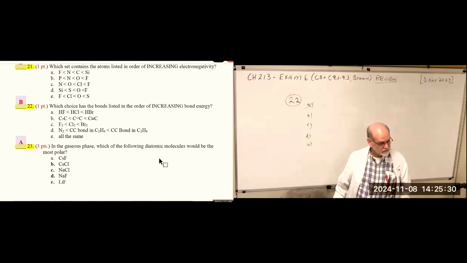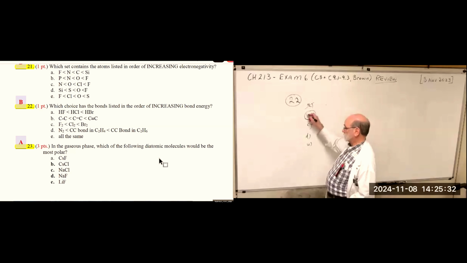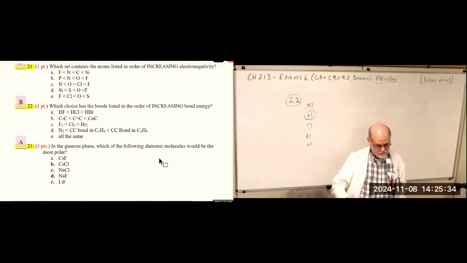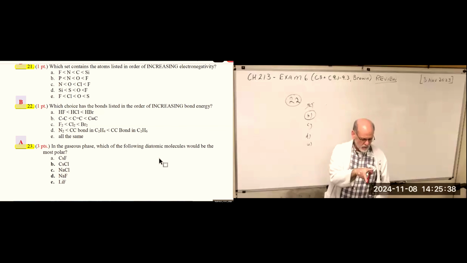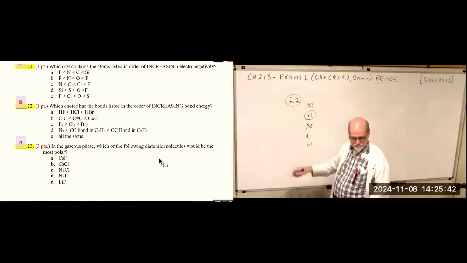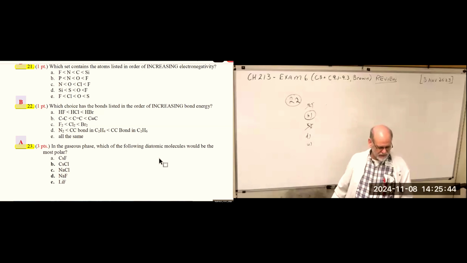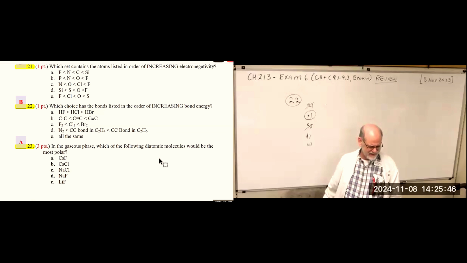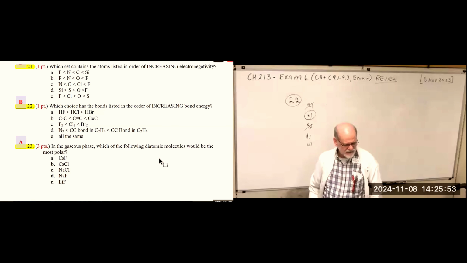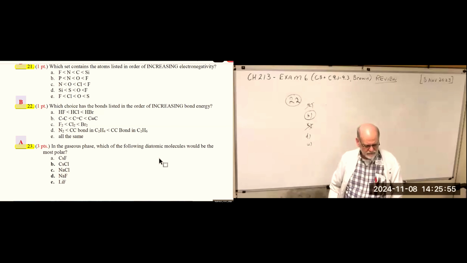Single, double, triple bond. That's a good one. Right. Increasing order. We've already talked about C. The chlorine and the fluorine are out of order. So it can't be C. And then D. The carbon-carbon bond in C2H4 is a double bond.